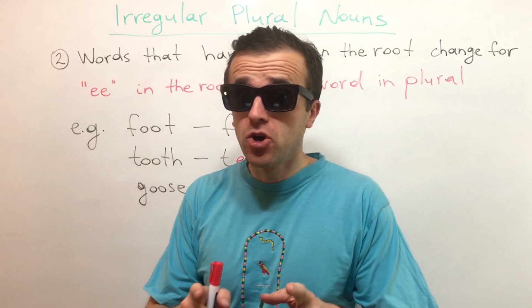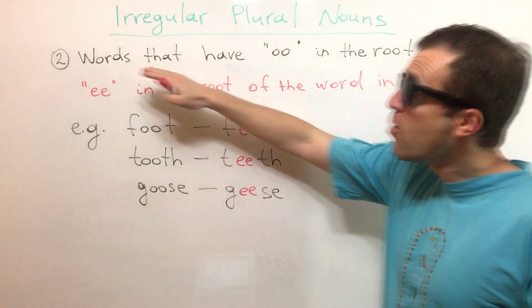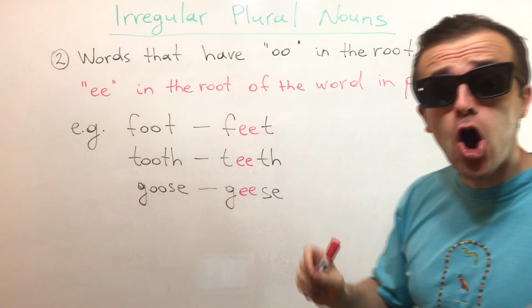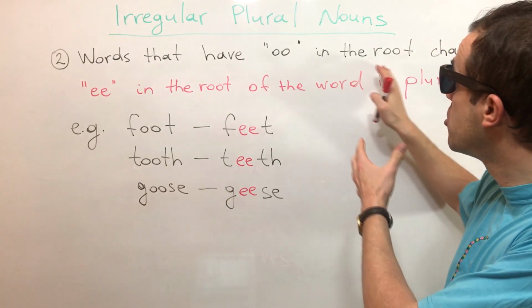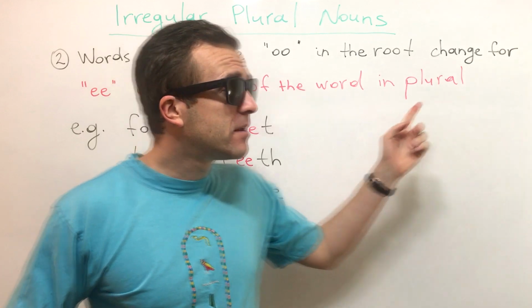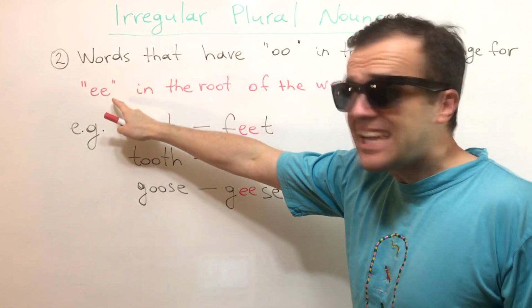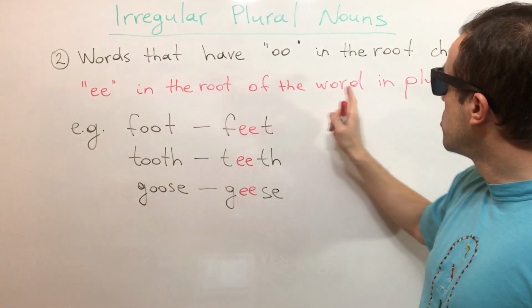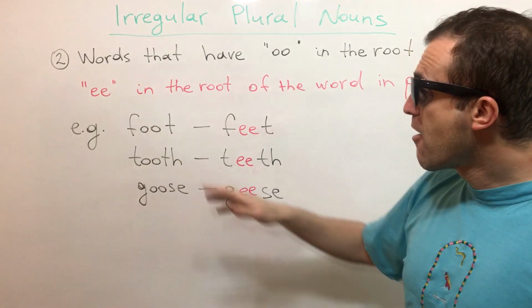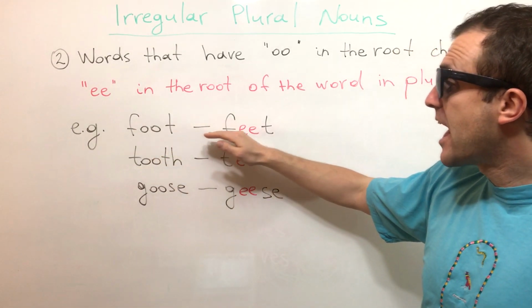The second rule is that some words that have double O in the root of the word in singular change for double E in the root of the word in plural. For example, foot, feet.